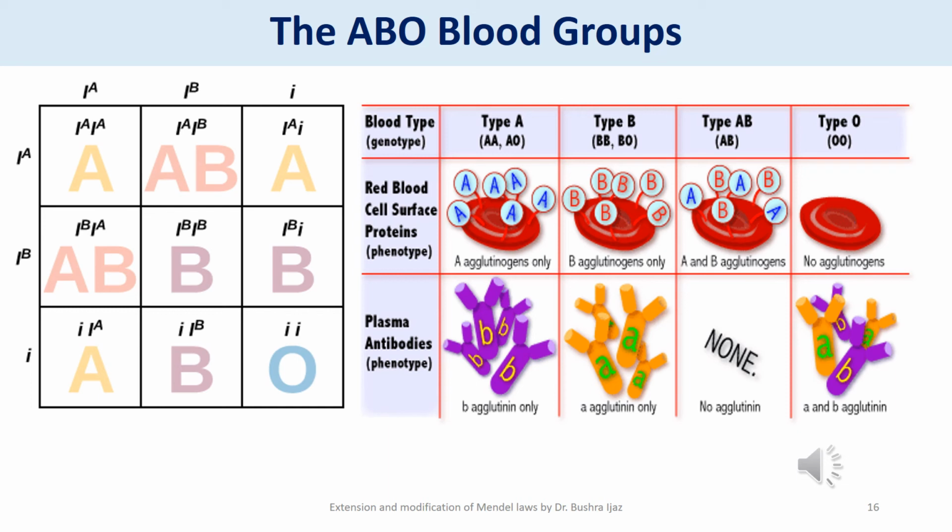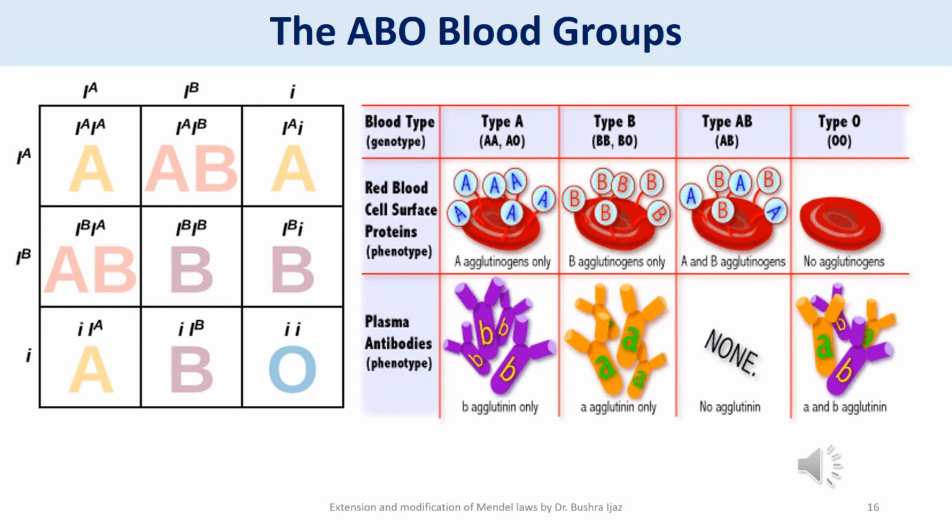The uppercase letter I stands for the antigen present on the red blood cells. Another term used for the word antigen is isoagglutinogen.